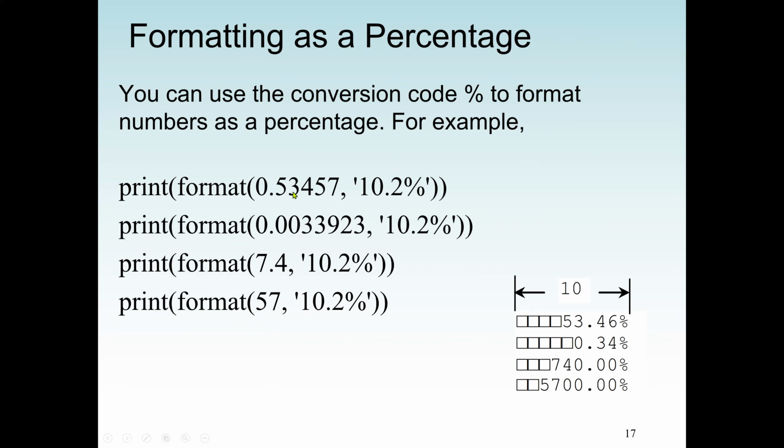Then we have 2 decimal places, 1, 2, 3, so it will be 53.46. The same thing applies here, 2 decimal places, it will be 0.3, and we have 33923, so approximately it will be 34. So we have the number of digits, which is 10 in total.